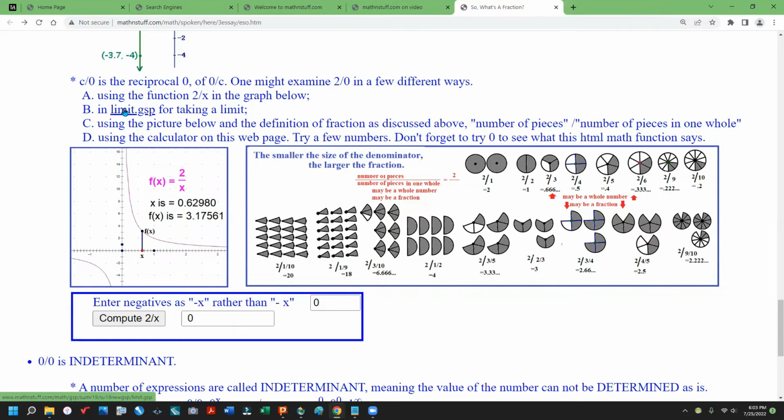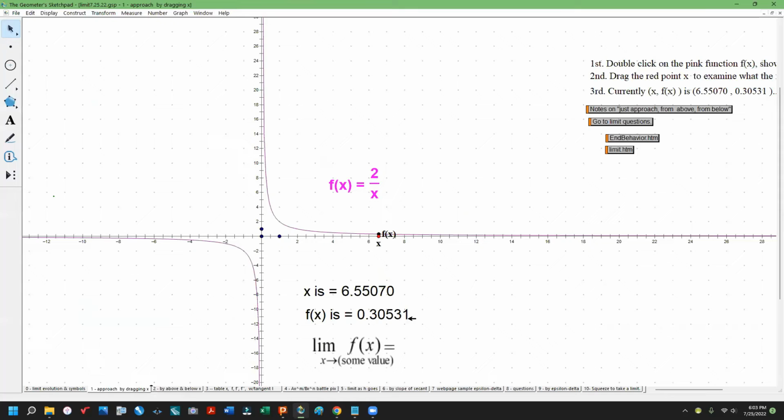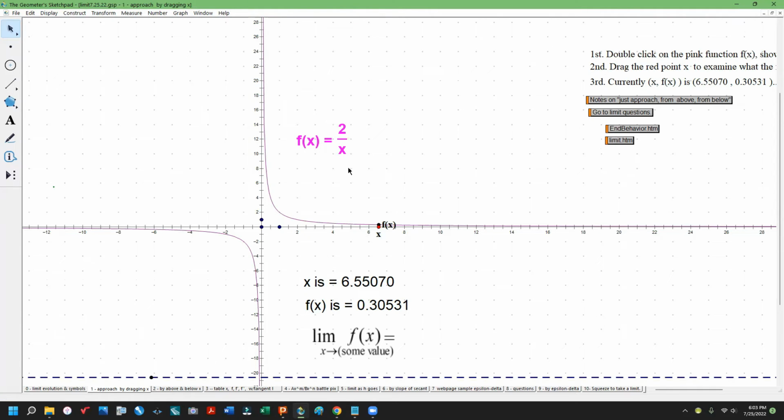We're going to use a limit Geometry Sketchpad. I already have it open, but you can click it and download it and keep it and edit it as you wish. I've taken the opportunity to change my function to 2 over x.